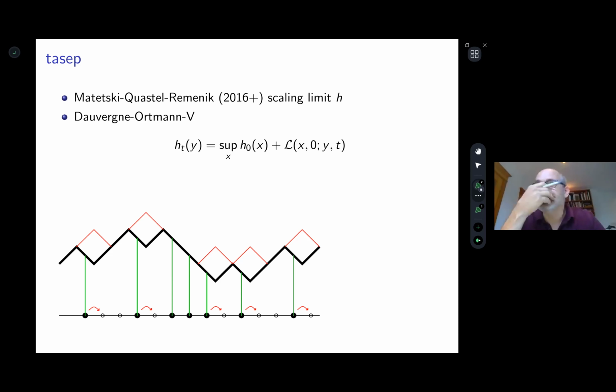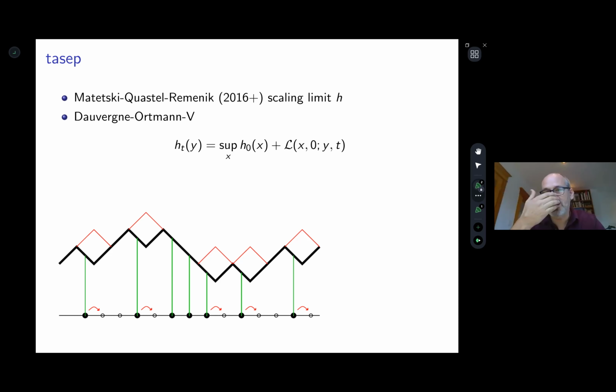So how is it given in terms of the directed landscape? If you start with some initial profile, think of it as an initial configuration of particles. So this is h0 of x, just the height function, and this is already after you take the scaling limit. And then the profile at time t is just the distance in this random geometry from that initial profile.